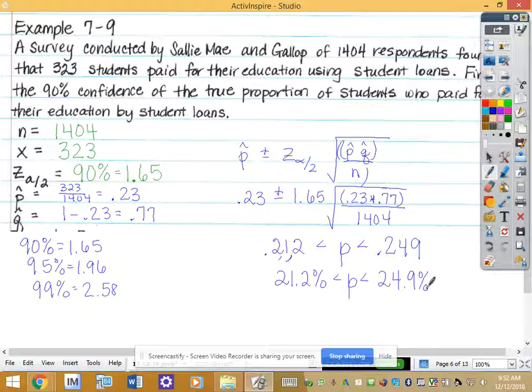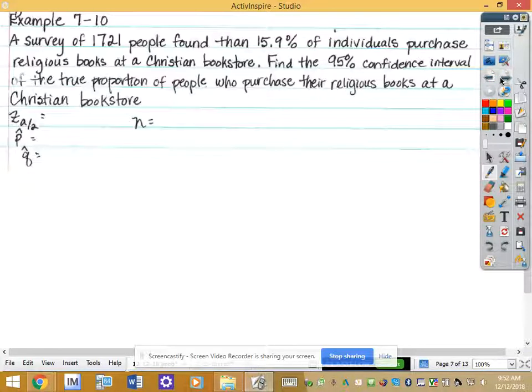So basically, you're just replacing a couple of things. You don't have the standard deviation, so you're going to have to do this. That's also one of the keys. If you don't have a standard deviation, you're going to have to use p-value. So keep that in mind as you go through and as you start looking at different kinds of problems.